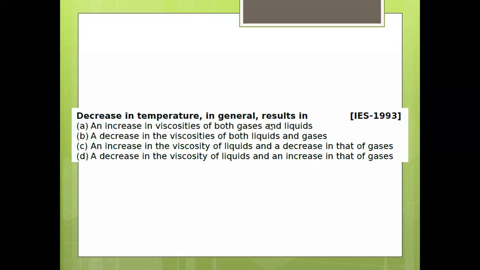Option B, a decrease in the viscosity of both the liquids and gases. Again, this is not the correct answer. Option C, an increase in the viscosity of liquids and decrease in that of the gases. So option C looks like the correct one. Let us see option D, a decrease in the viscosity of liquids.